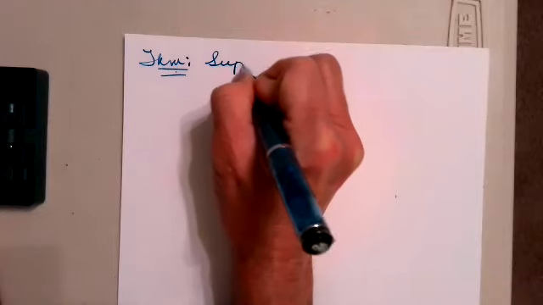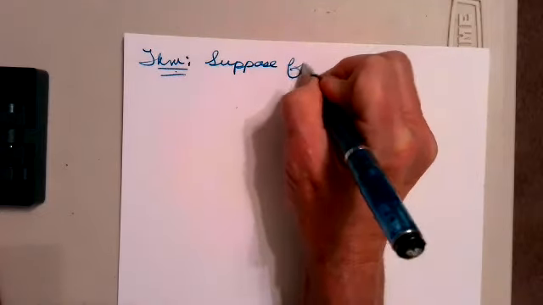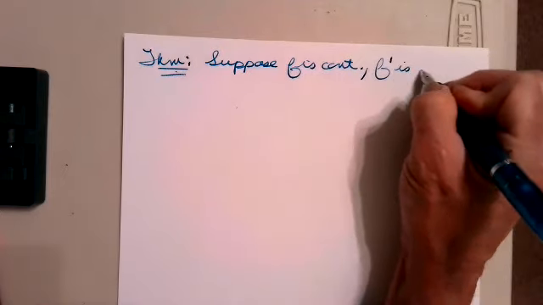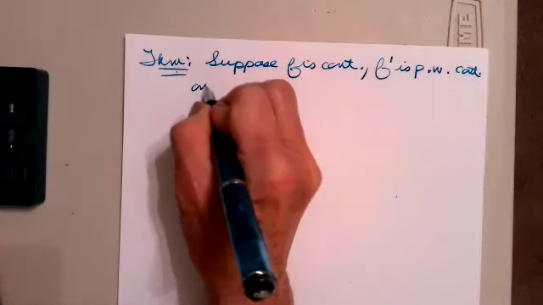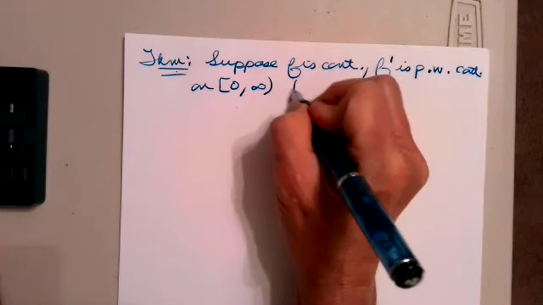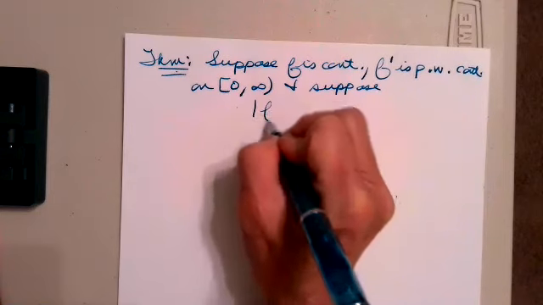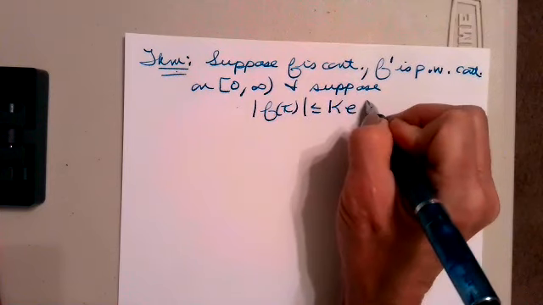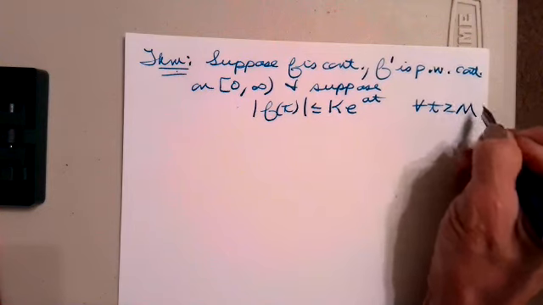Okay, so suppose our function f is continuous. Its derivative is piecewise continuous on the half line from 0 to infinity. And suppose the absolute value of f of t is less than or equal to k e to the at for all t greater than or equal to m.